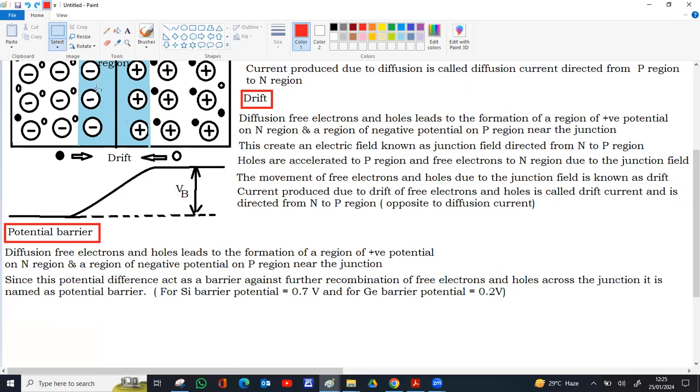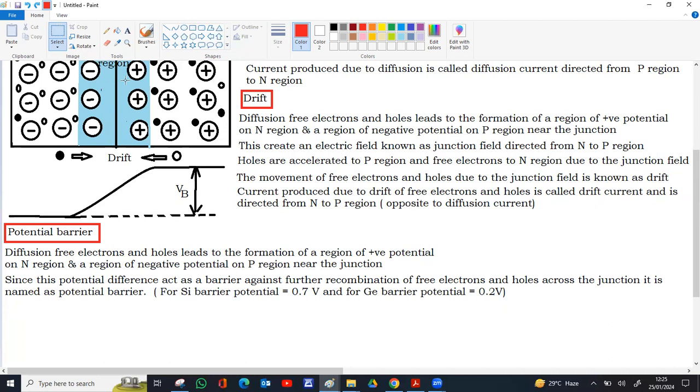Now near the junction there are no free electrons or holes. There are no mobile charge carriers. The electrons and holes are the moving charge carriers. What is present here is only immobile negative acceptor ions and immobile positive donor ions. Since there are no free electrons and holes, they are lost, depleted.